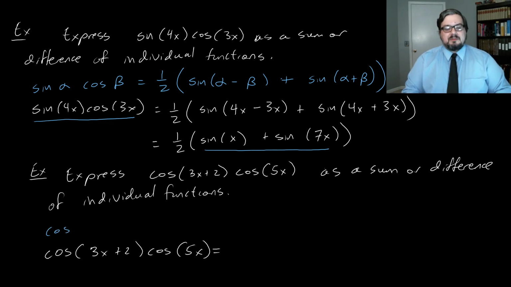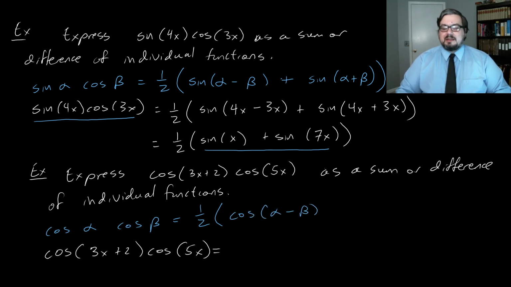Now we have that cosine of alpha times cosine of beta is going to be 1/2 times... Now we got cosine and cosine, so those are the same. Which means that we're going to have a cosine of alpha minus beta and a cosine of alpha plus beta. And then because the two functions that are the same are cosines, we've got a plus in between. So in this problem, alpha is 3x plus 2, and then beta is 5x.